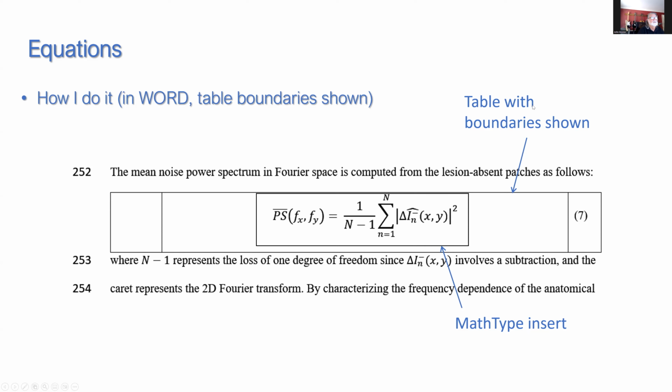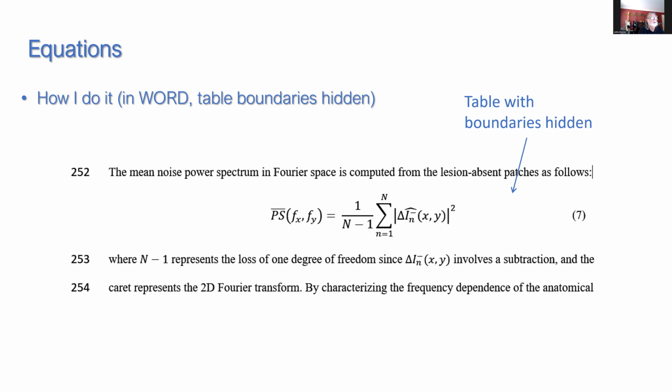So I'm showing you the table with the boundaries shown, which is a feature in Microsoft Word, and here's the MathType insert. Then once it's properly inserted, I go ahead and hide the boundaries, and you can see now it looks like a centered equation with an equation number that's running along in the text.